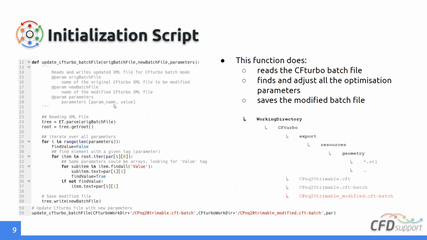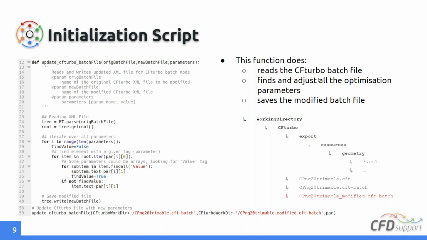Then there is a function which is specific for the connection of CFturbo. This function basically takes the original batch file, then we create a new batch file because we would like to keep the original one, and we send it the parameters which we get from the TOpt. It will be described later.